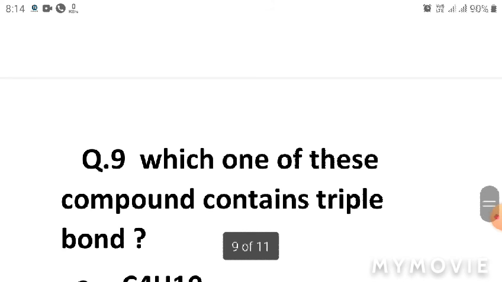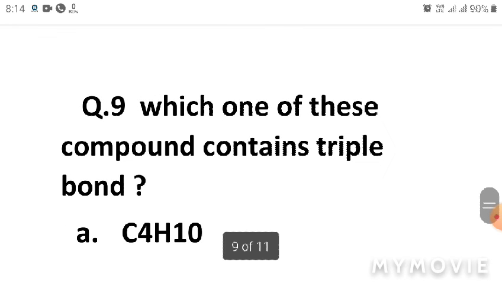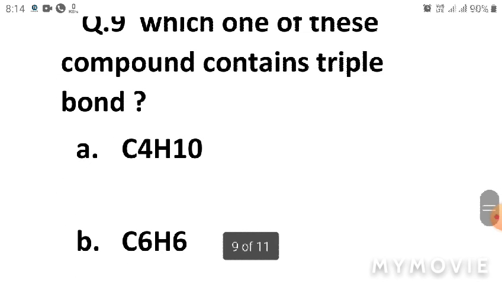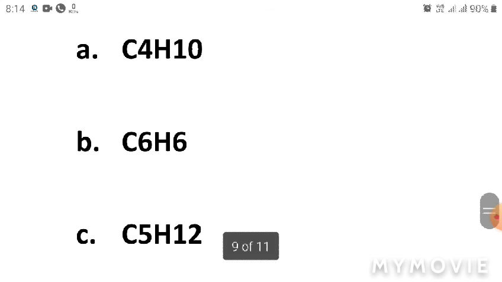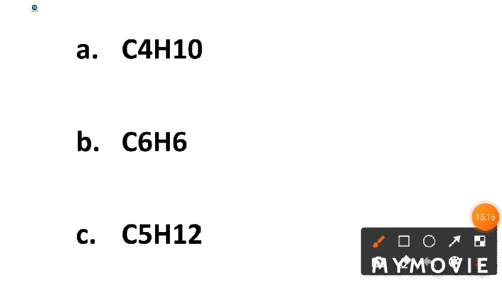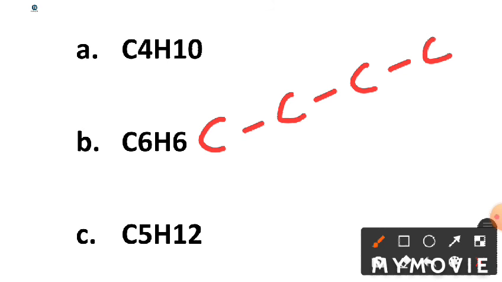Question number 9. Which one of these compounds contains a triple bond? Here we have to derive each option. Now we see C4. First we derive C4. Now here we have to put its valency.